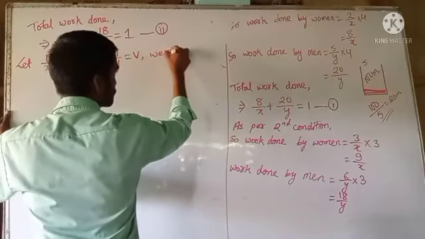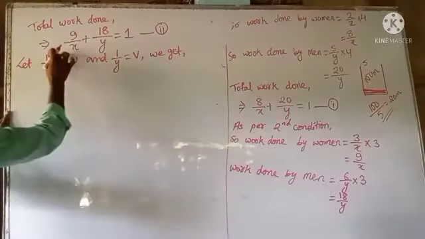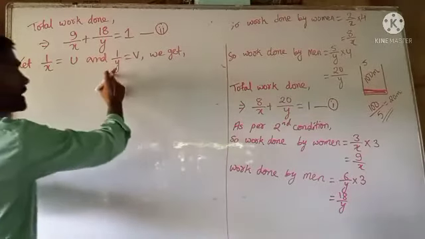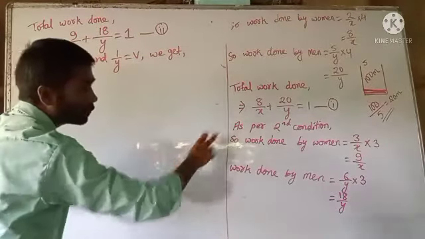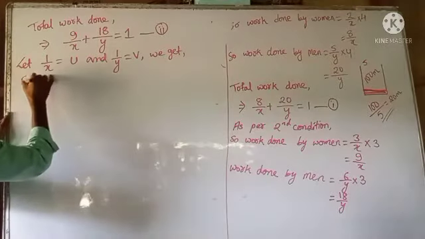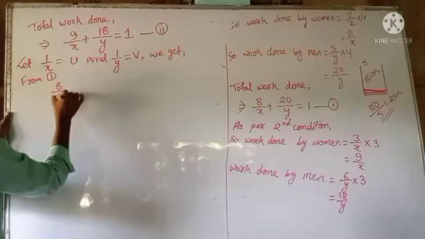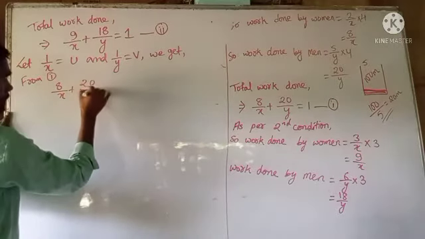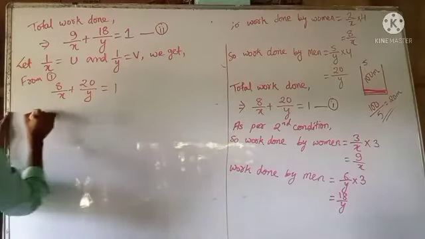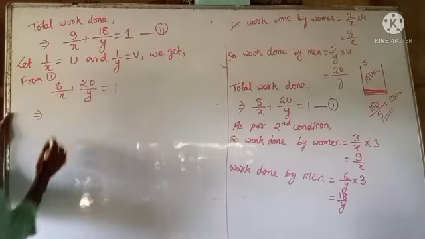When we are taking 1 by x is equal to u and 1 by y is equal to v, equation 1, what we are going to get? So from 1, that is 8 by x plus 20 by y is equal to 1. We'll split it, that is 8 by x, we'll split it.